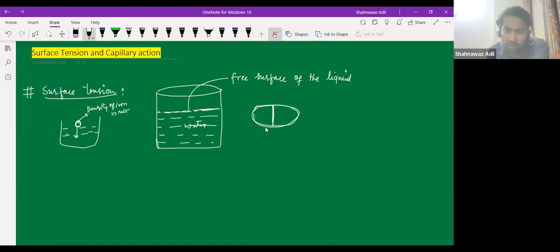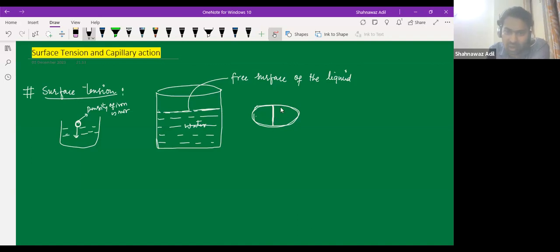But if you put a needle on this surface of the water, then it should go down, right? It should go down, but it doesn't go down. And why doesn't it go down?